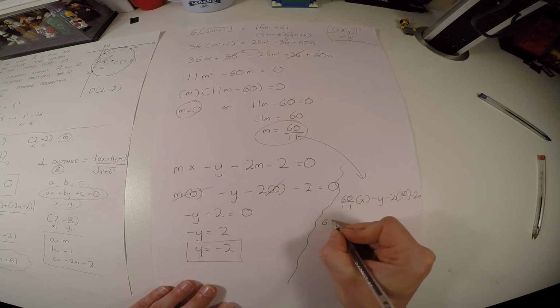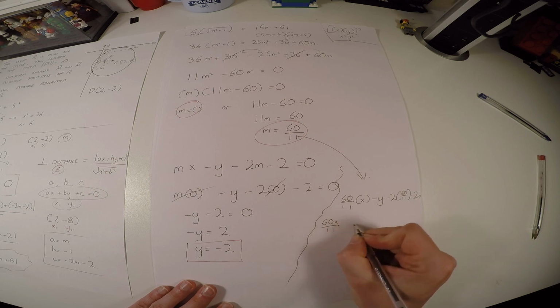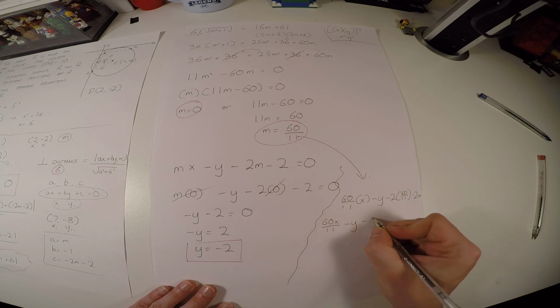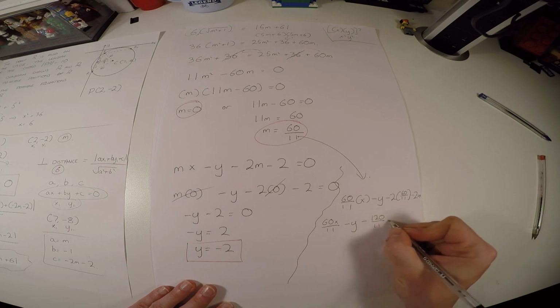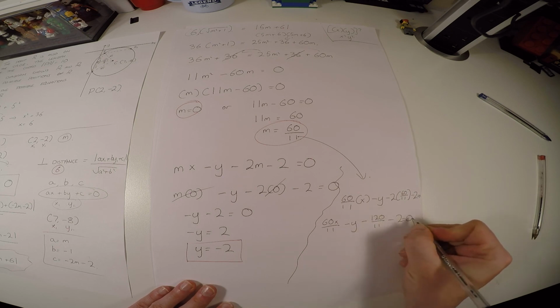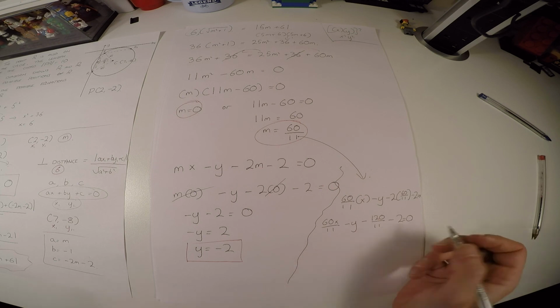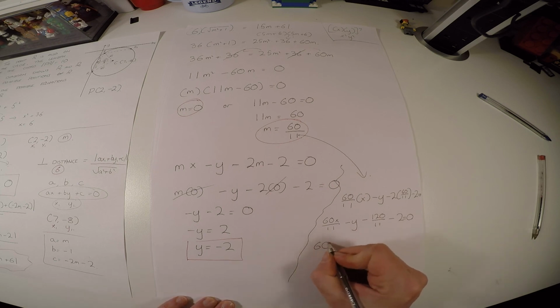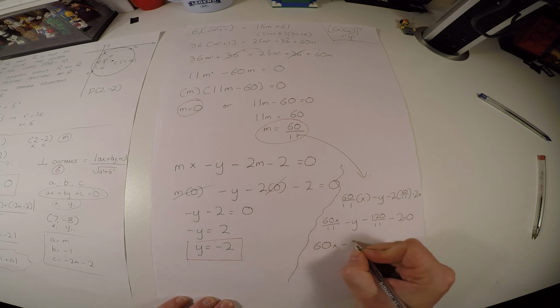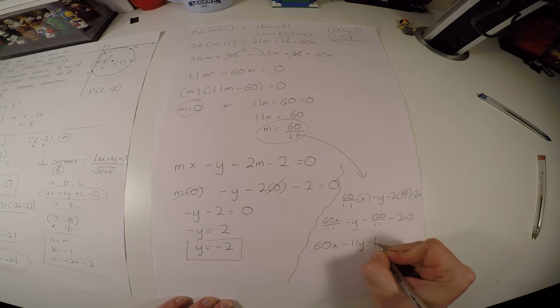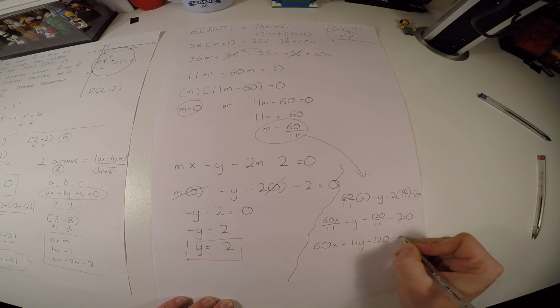So that gives me 60x over 11 minus y minus 120 over 11 minus 2 equals 0. And of course we might have to multiply everything across by 11 to make this a little bit easier to deal with. That gives me 60x minus 11y minus 120, and then minus 11 times 2 is 22, equals 0.